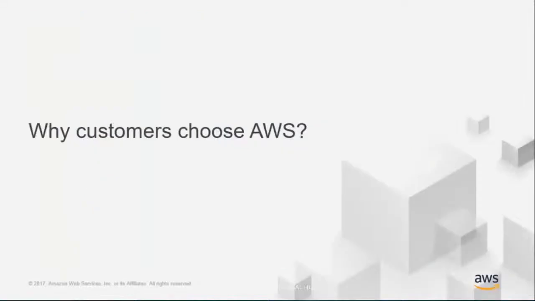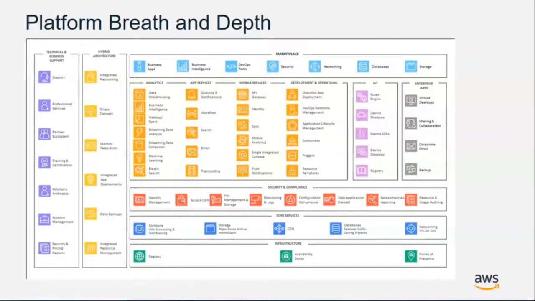So, why do people choose AWS? To dive into that a little bit, as we have covered in the earlier slide, one of the primary reasons is the breadth and depth of the services today.